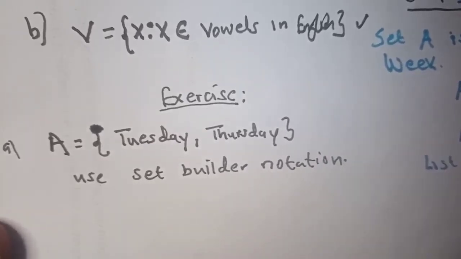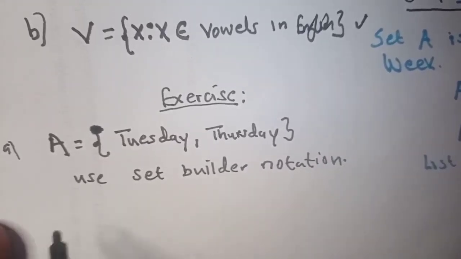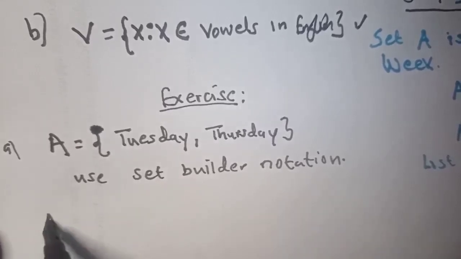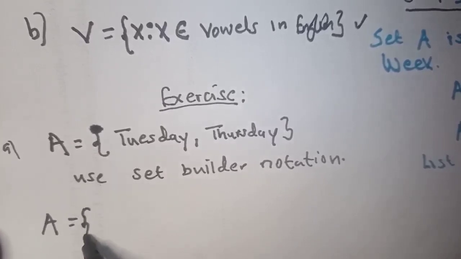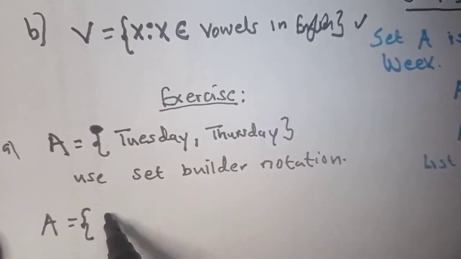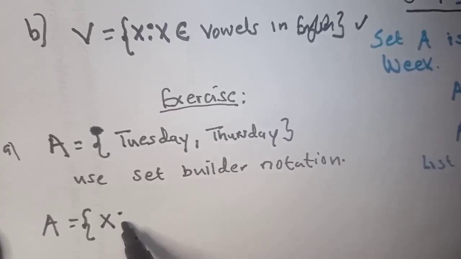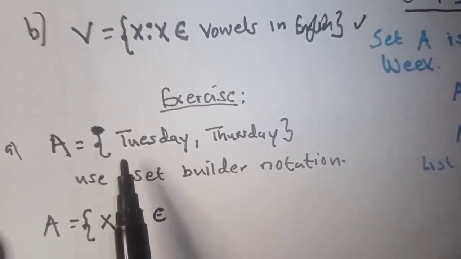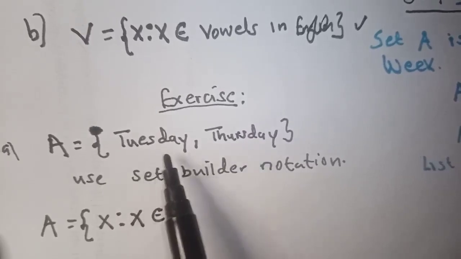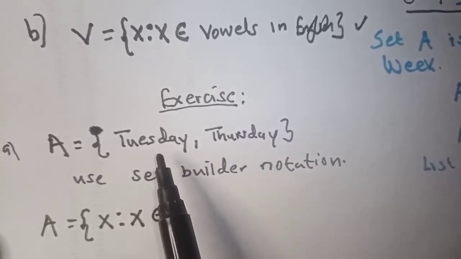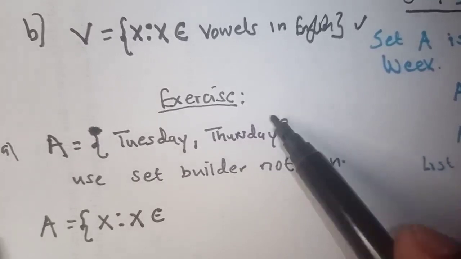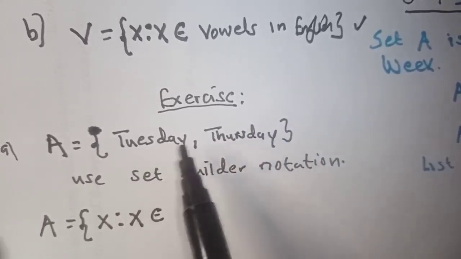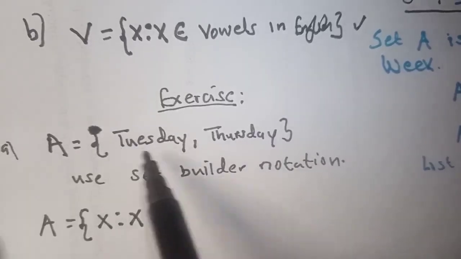When we use set builder notation, we are going to write A is equal to, and remember what I've said, with set builder notation you start with x such that x is a member of what? So now you look at what these are. These are days in a week, but some days are missing. For example, there's no Monday, no Sunday, no Wednesday. Why have these been picked?